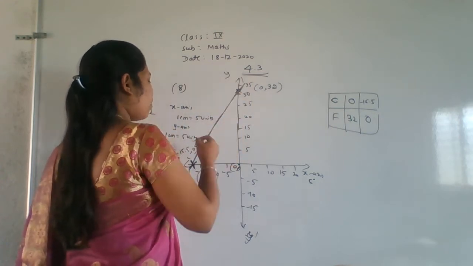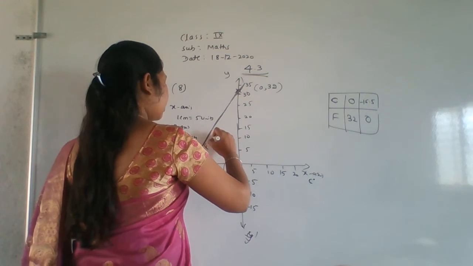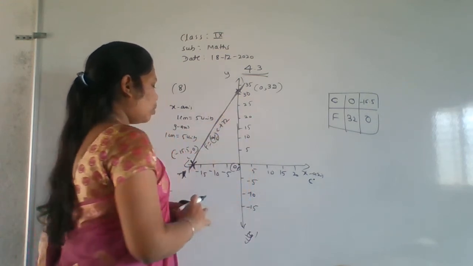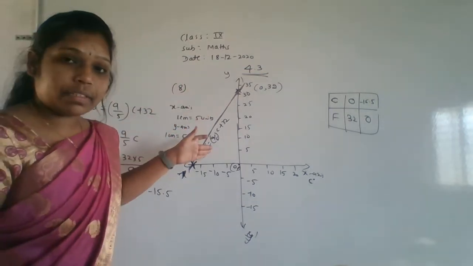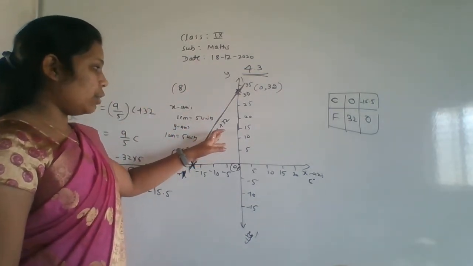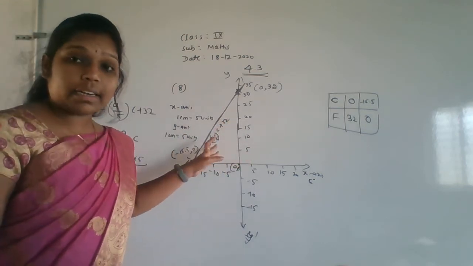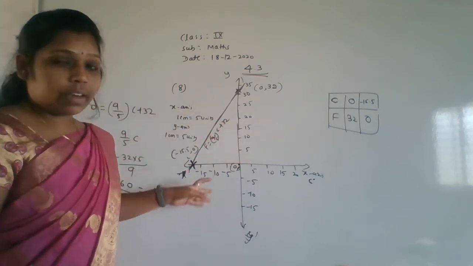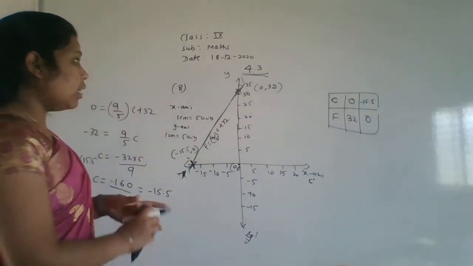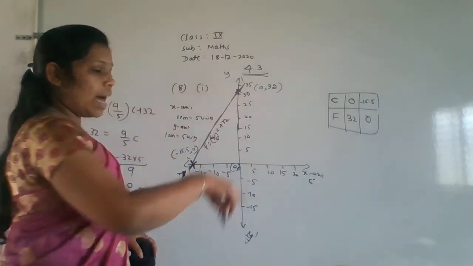This is the graph of the equation F is equal to 9 by 5 into C plus 32. This line represents the given linear equation. That is the first answer.